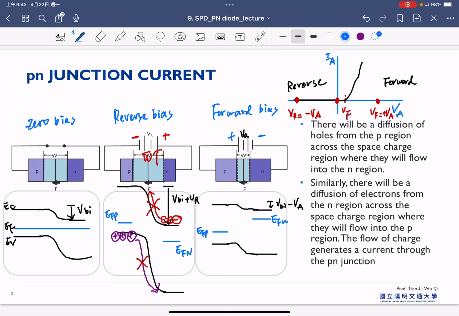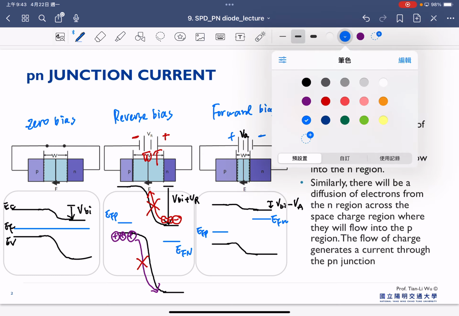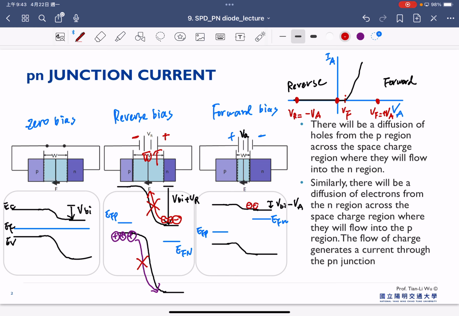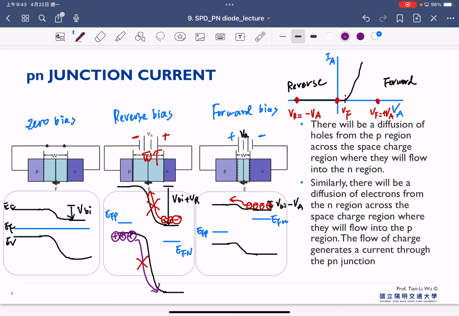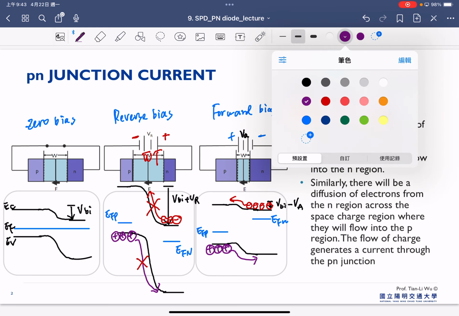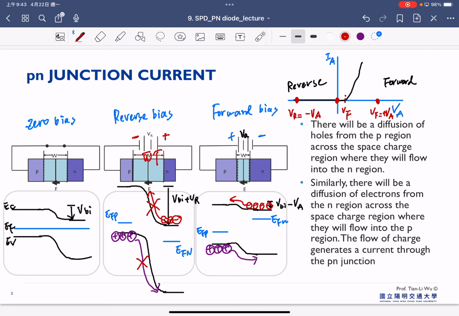The potential barrier is reduced, that means the electrons on the right hand side can start to flow to the left, and the holes on the left hand side can start to flow to the right, and the depletion region here is reduced.